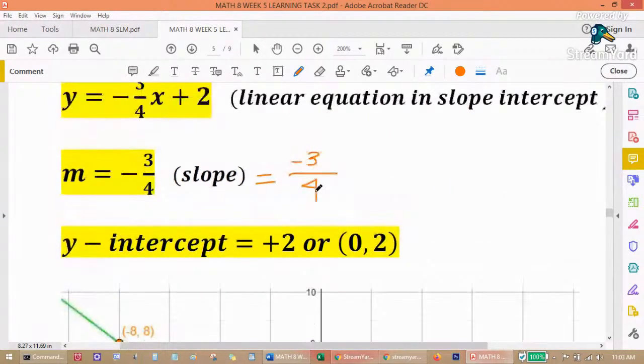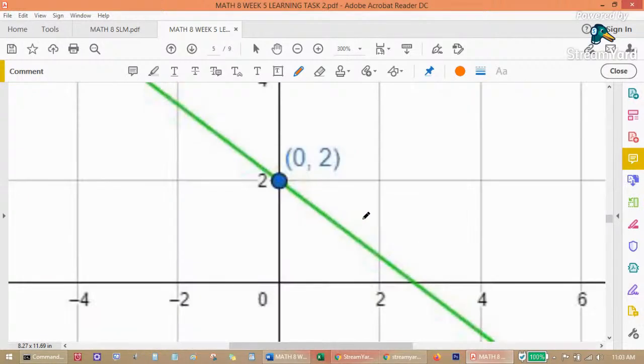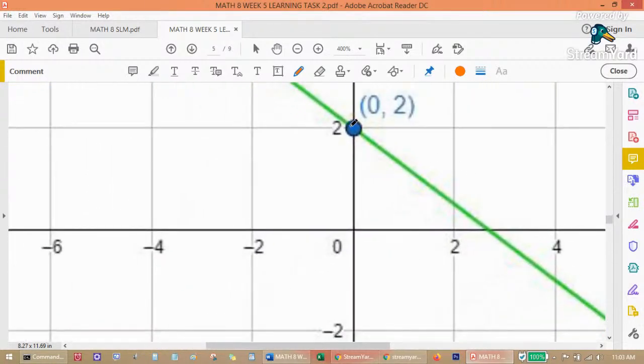Dito is negative 1. So, 3 units is 1, 2, 3. Tigil ka dyan.